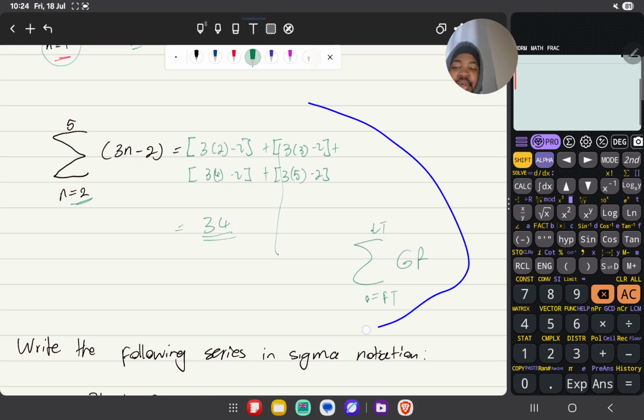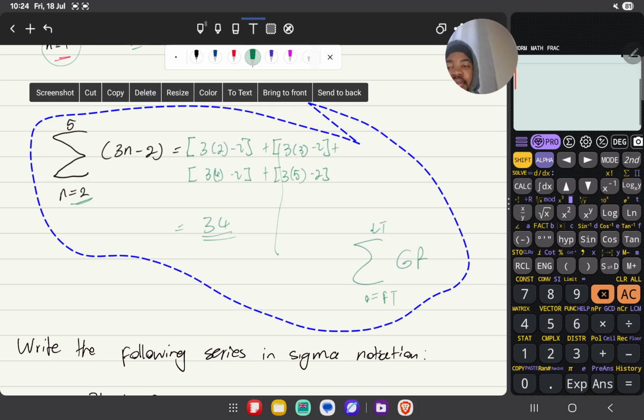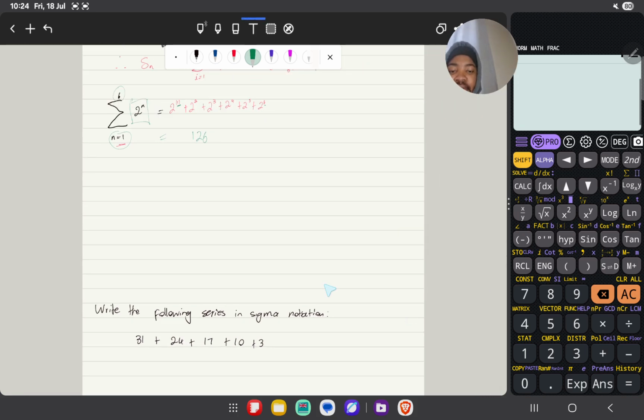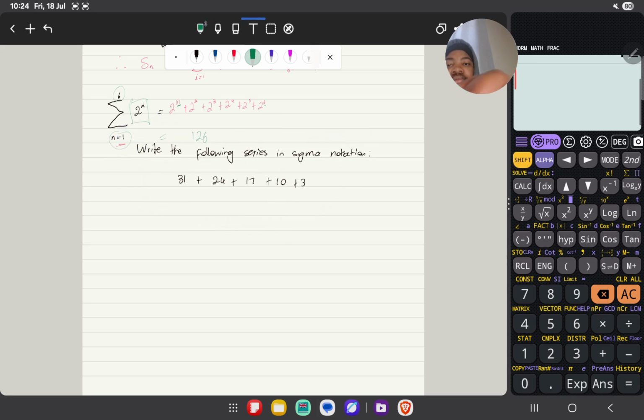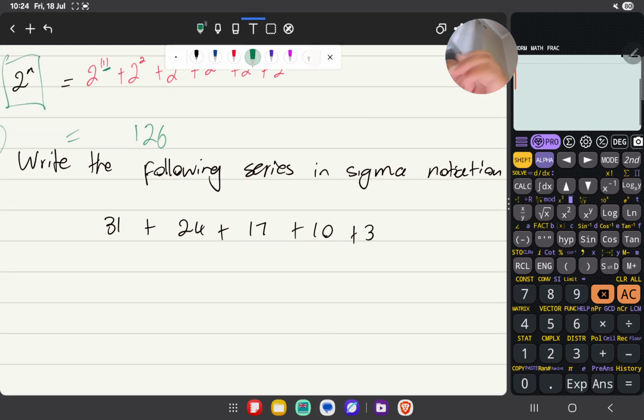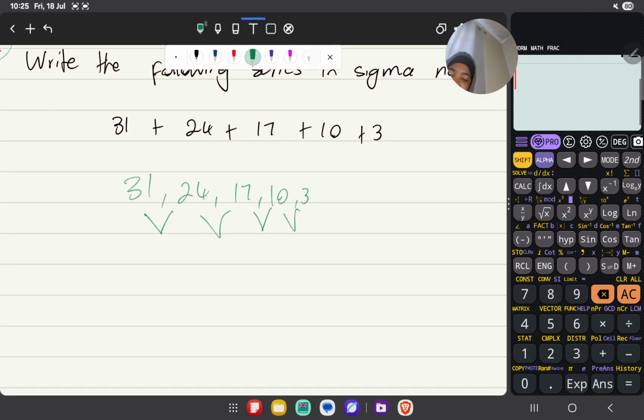So let's create some space. Cool. So I'm going to write it first as a pattern, and it doesn't seem like it's a geometric. So I'm going to start with the subtractions. I have minus 7 here as well.